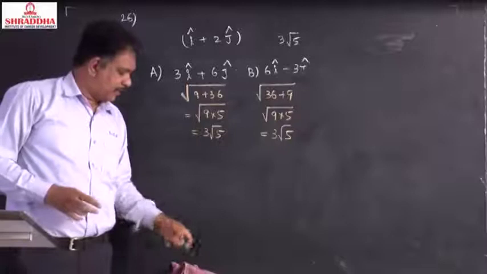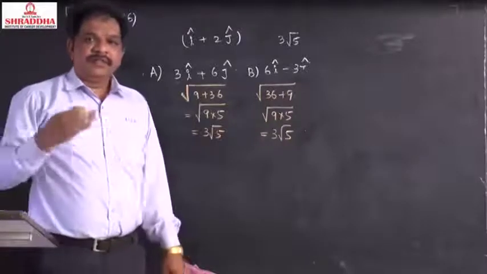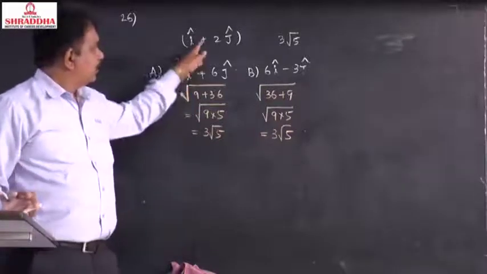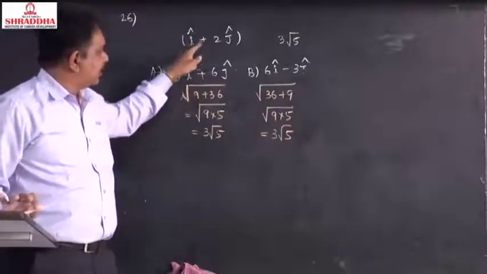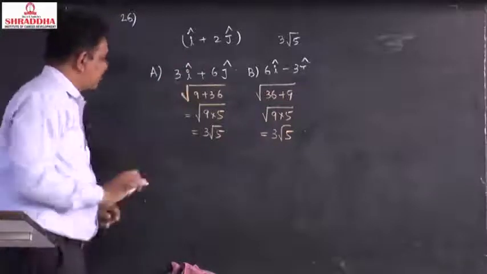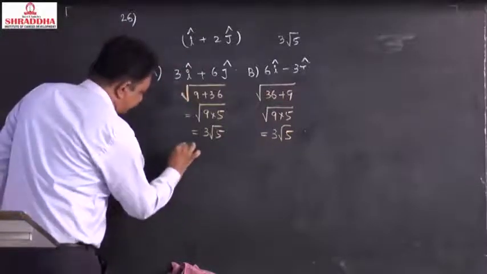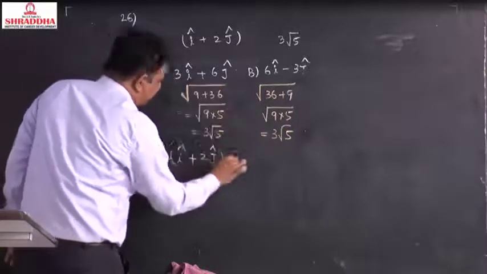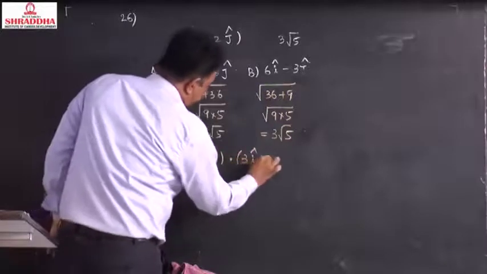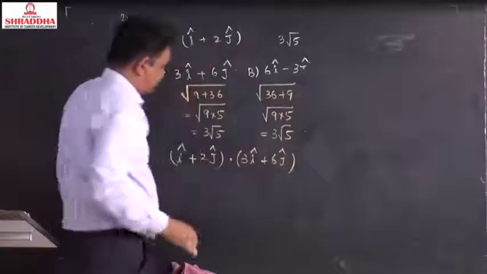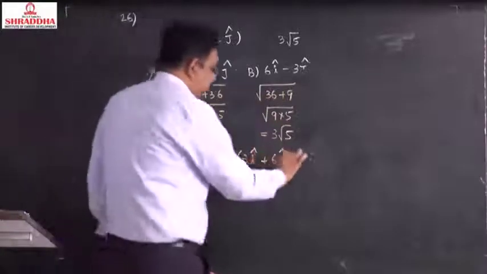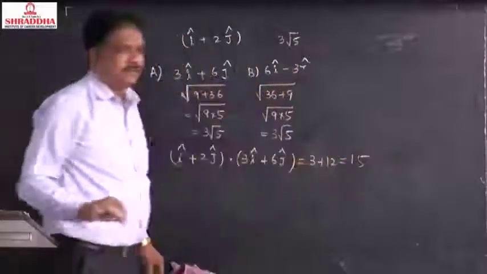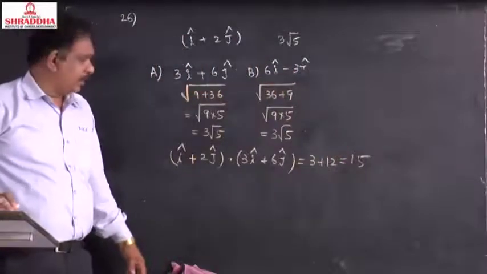If two vectors are perpendicular, their dot product will be equal to 0. This is the vector, this is the other vector. Do the dot product of these two. I cap plus 2j cap, and 3i plus 6j. So this value will be 3, this value will be 12, that is equal to 15.